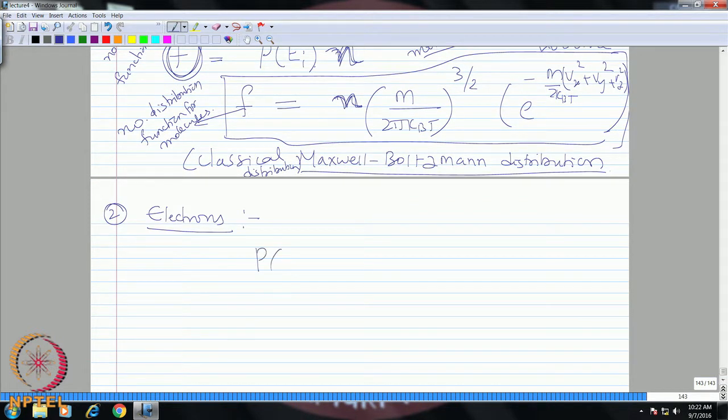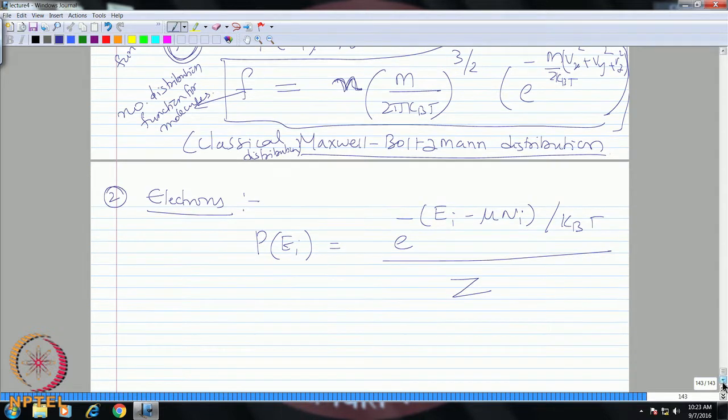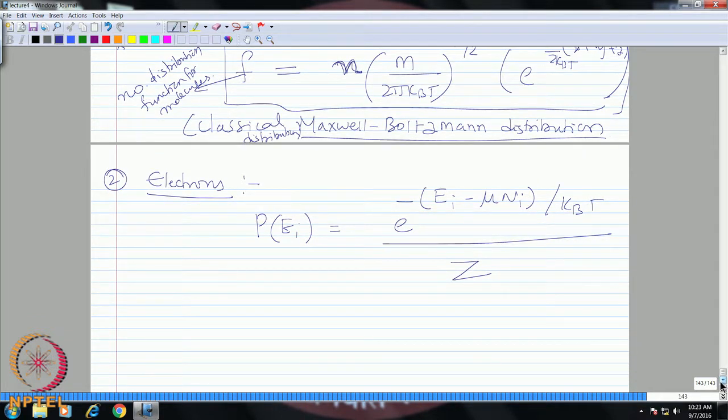So, the probability distribution of electrons will be e power minus (E_i minus mu N_i) by k_B T, divided by the partition function Z, which is nothing but the summation of the numerator. So, as far as the electron is concerned, Z is equal to the summation of e power minus (E_i minus mu N_i) by k_B T.